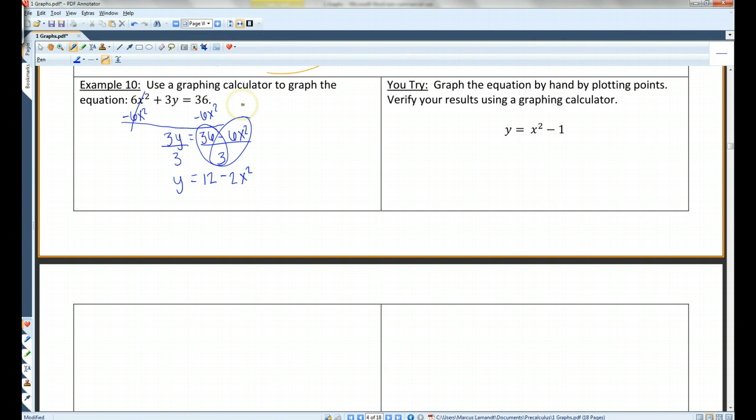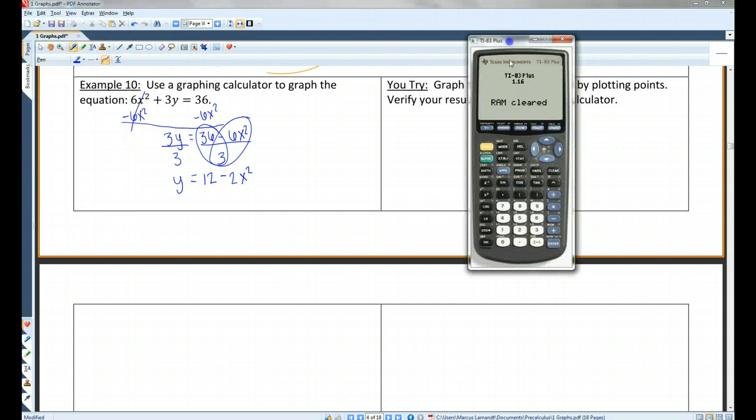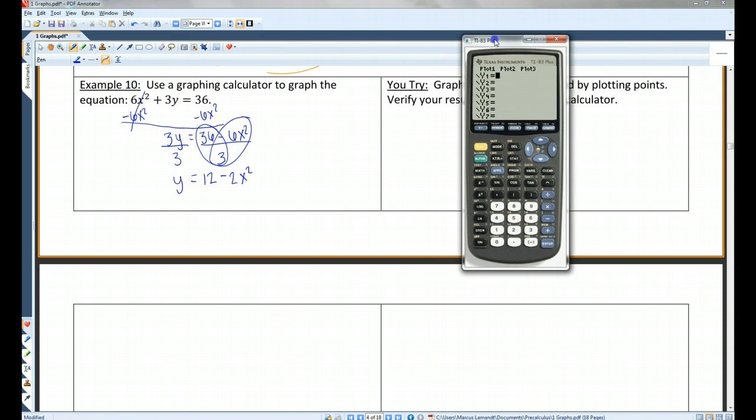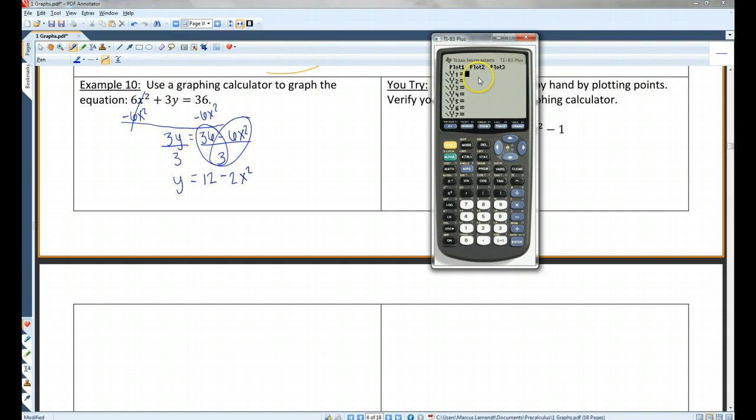Okay, now we can pull out the calculator. Here's your calculator. You're going to hit y equals, so y equals some equation. You're going to type this into there. So 12 minus 2x squared, and then hit graph. So there it is. I'm going to change my window just a little bit.